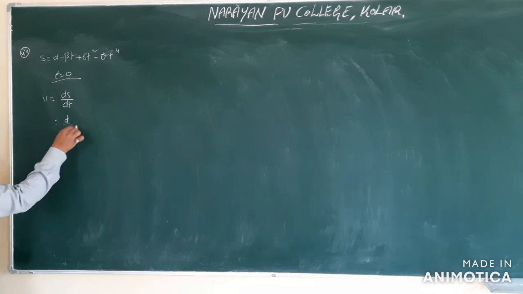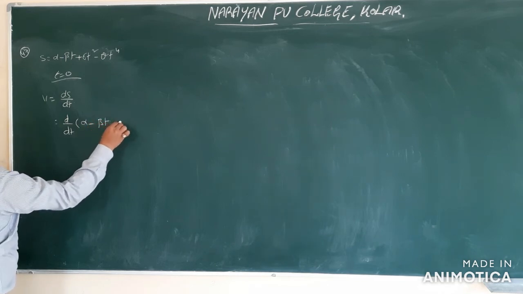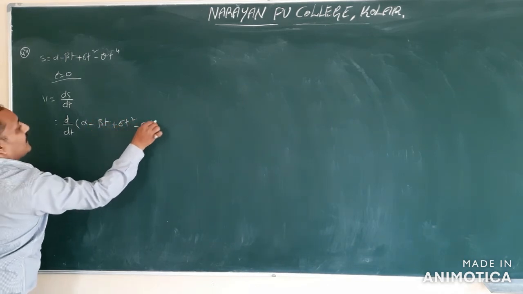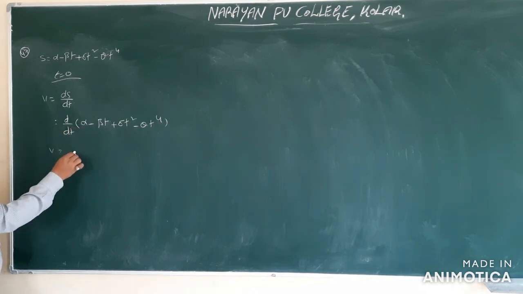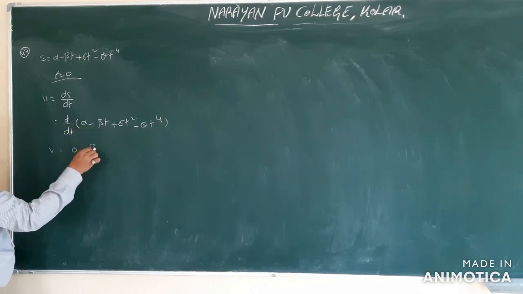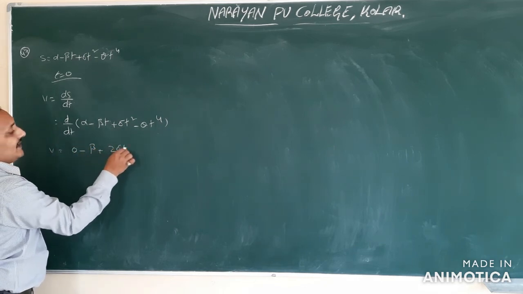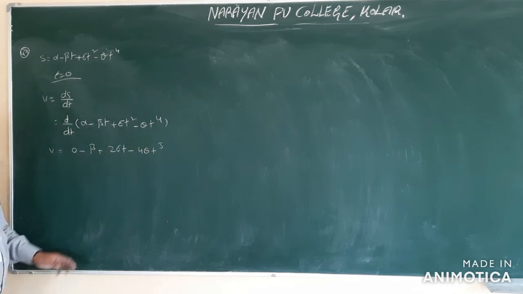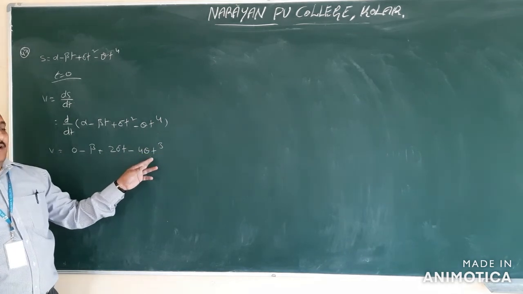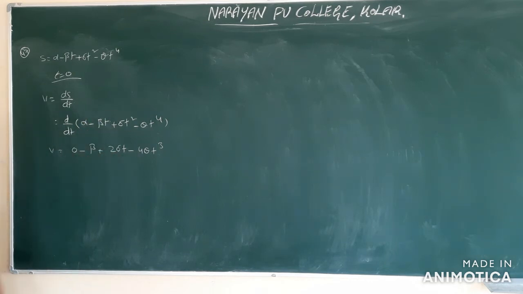So d by dt of the S value, alpha minus beta t plus delta t square minus theta t power 4. Directly I am writing: derivative of constant is 0, minus beta dt by dt value 1, plus 2 delta t minus 4 theta t cube. You don't need to worry how I am writing; after starting mathematics, you will write this step faster than me.